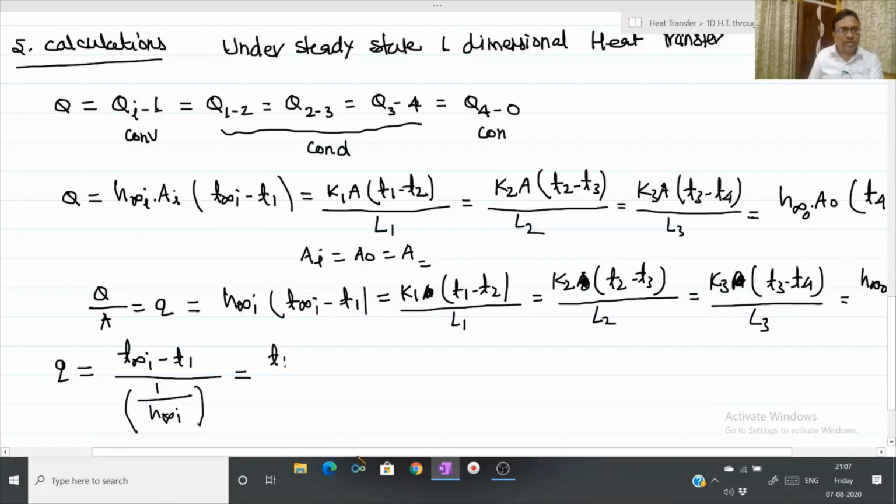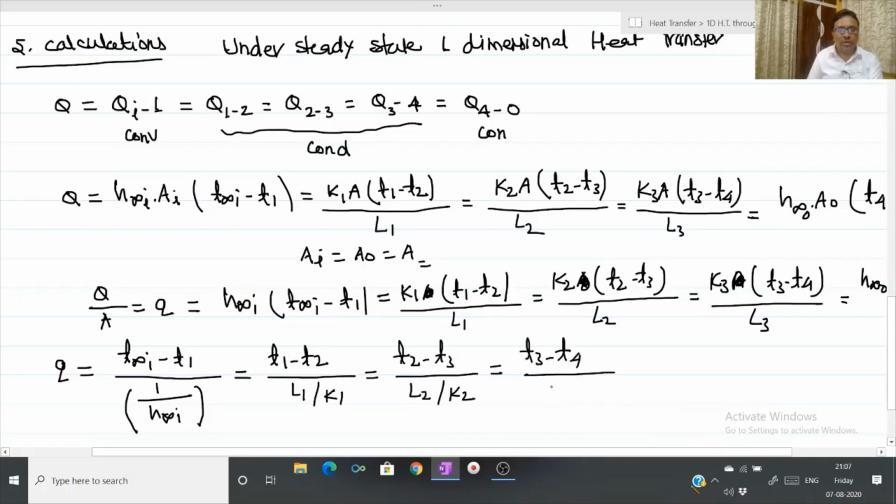The second equation can be written as T1 minus T2, L1 over k1, T2 minus T3, L2 over k2, T3 minus T4, L3 over k3, and finally T4 minus T infinity o will be equal to 1 over h infinity o.